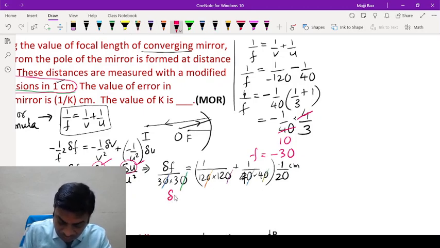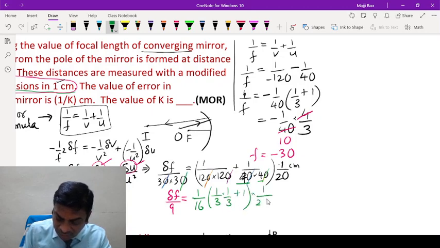Now we are left with delta f by 9 is equal to, we can take 4 into 4, 16 common. We will be left with 1 by 3 and 1 by 3 plus 1 into 1 by 20.